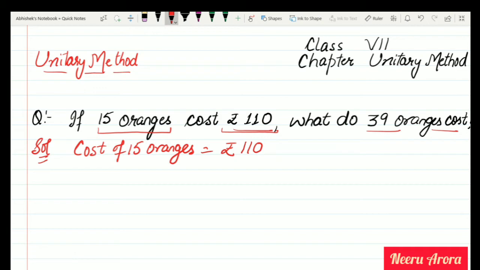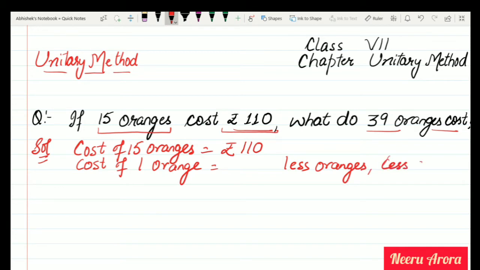So first we'll find out the value of single unit, the cost of one orange. Here, less oranges, the cost will also be less. So 110 upon 15. Next, cost of 39 oranges.